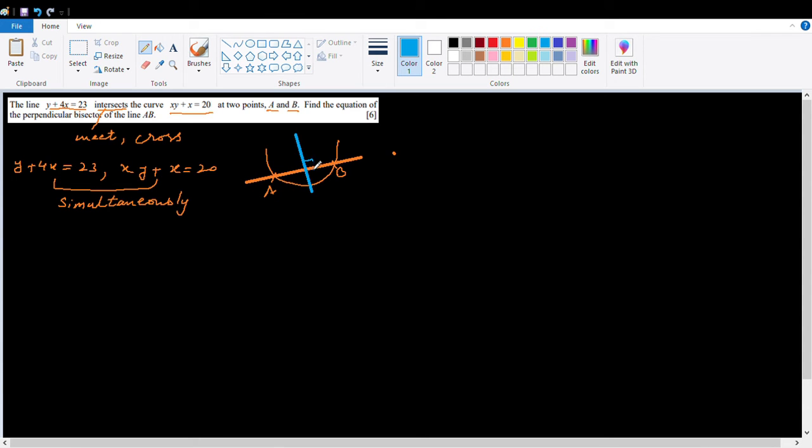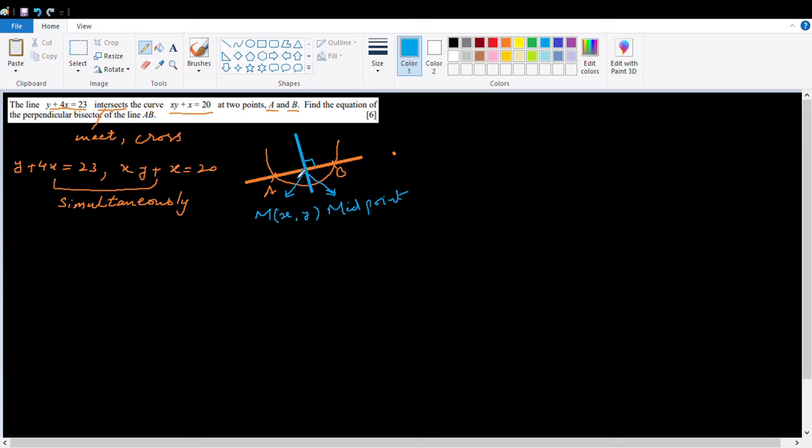Bisector means that this is going to bisect this line AB, so this is a midpoint, and let us represent it by capital M. We will definitely find the x coordinate and y coordinate of the midpoint.